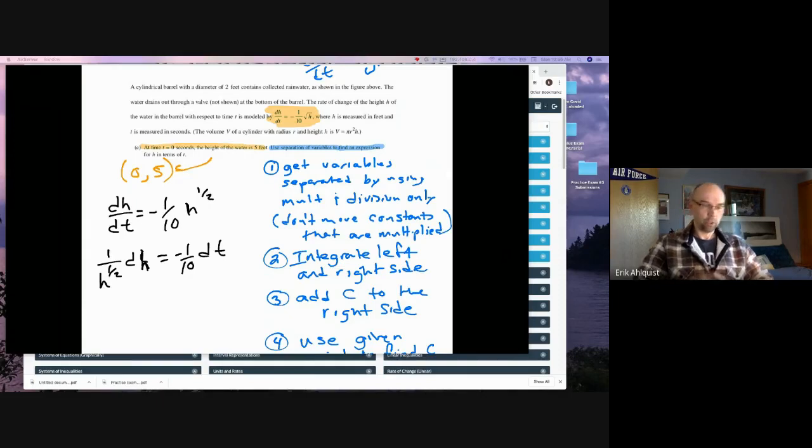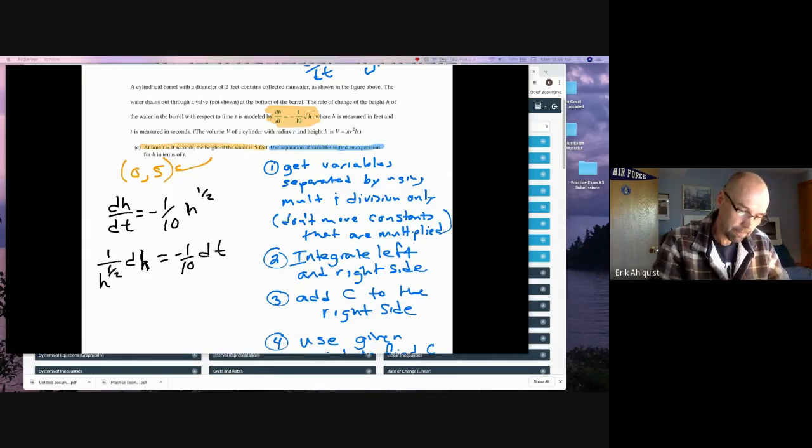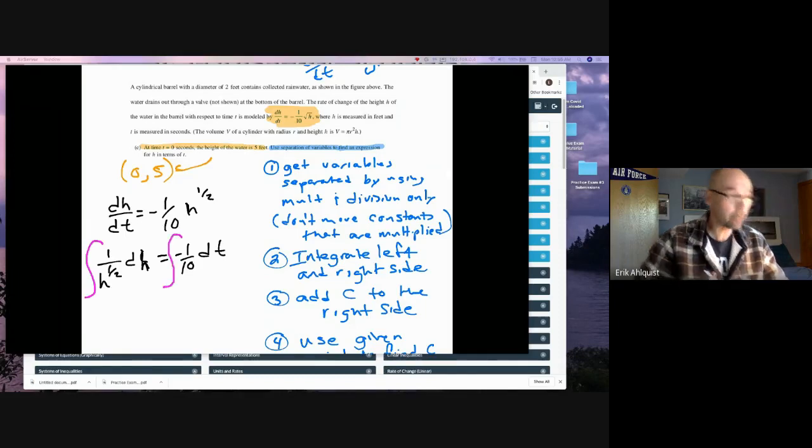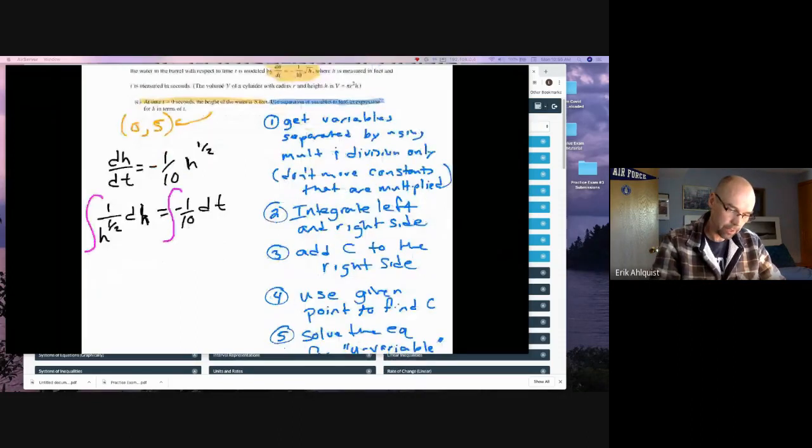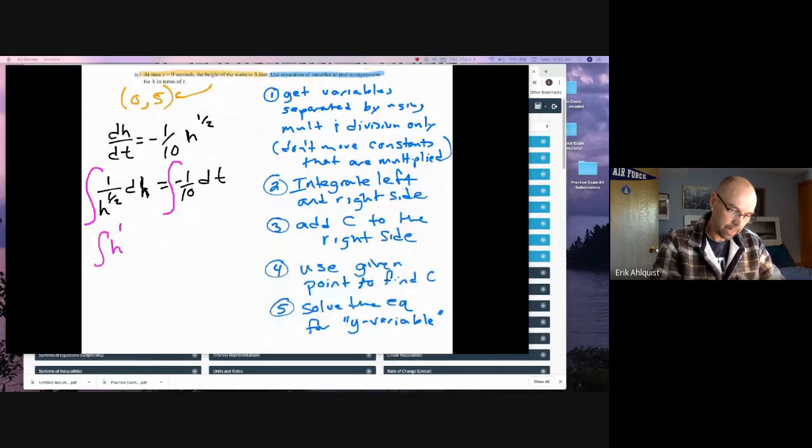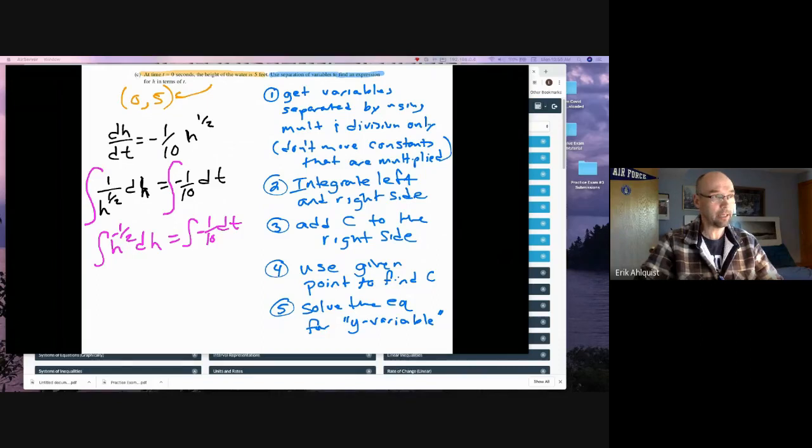Okay, the next thing I'm supposed to do is integrate the left side, and then integrate the right side. Remember, this is the integral of h to the -1/2 dh equal to the integral of -1/10 dt. So if I integrate the left-hand side, I have h to the 1/2 divided by 1/2 is equal to -1/10.